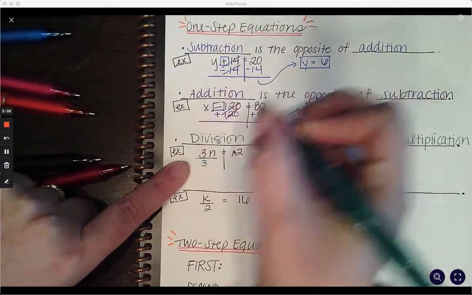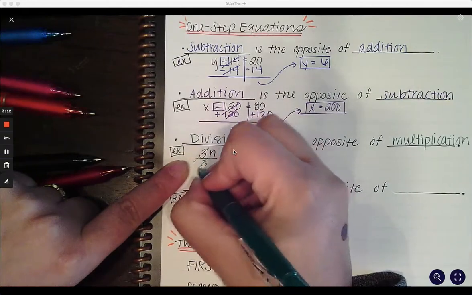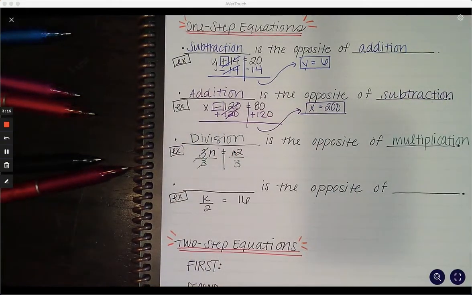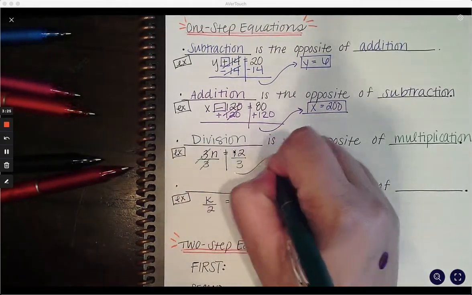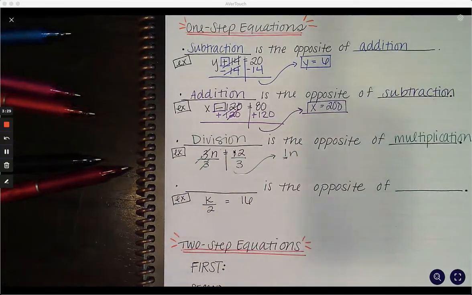Okay, so if we divide one side, we gotta divide the other. These 3 over 3. Okay, so it's a little different. They don't necessarily zero out, but 3 over 3, if you plug that into your calculator, equals 1. Okay, that means now, I'm going to come up here, we have 1n, so that right there, that 1 is our understood 1.